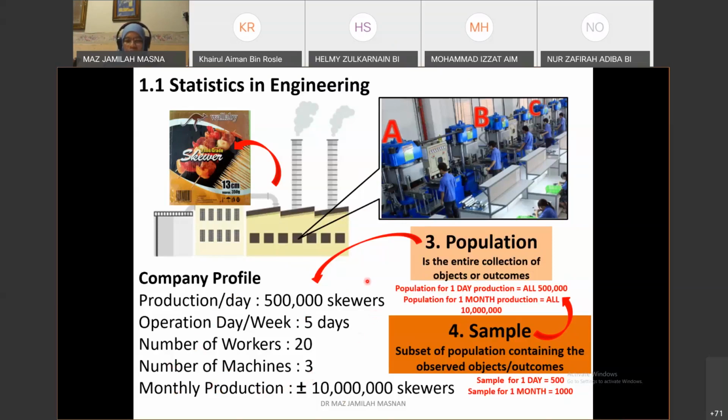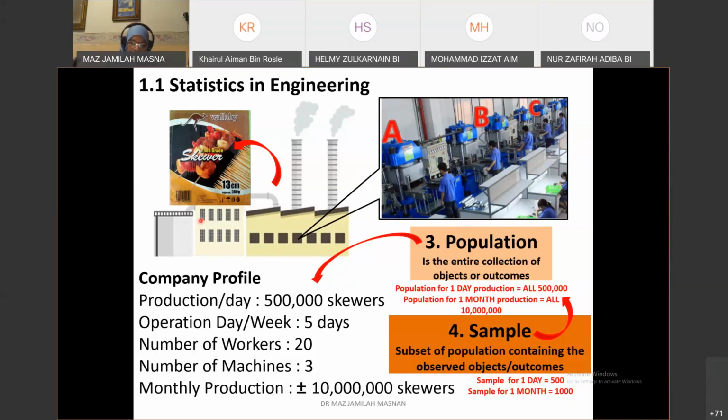If we wish to define the population, it should contain all the subjects or all the objects. That's why the population can be defined on a daily basis, weekly basis, monthly basis, or yearly basis. It depends on the need of your experiment or your studies.